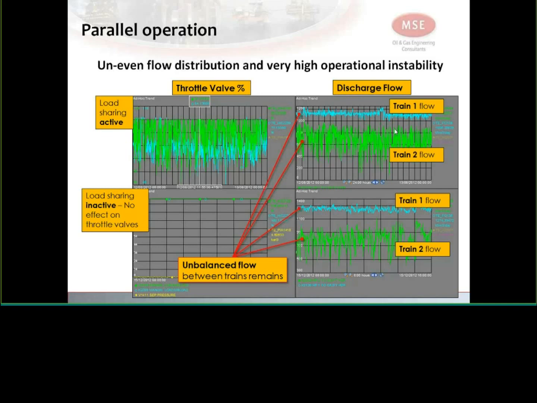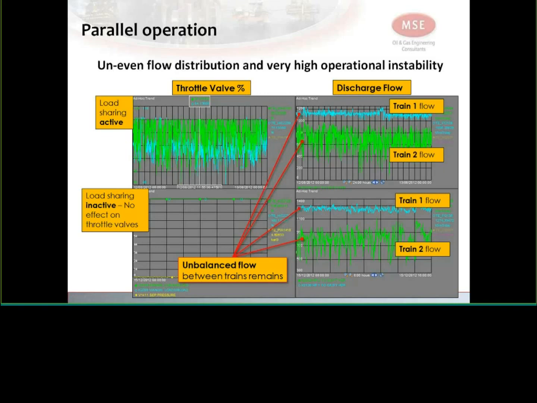So we took a chunk of data during a time when the facility had enough production that they did not need load sharing. The two graphs on the bottom show the same values, throttle valve position and the train. The load sharing signal is at 100%, so load sharing is not in effect.